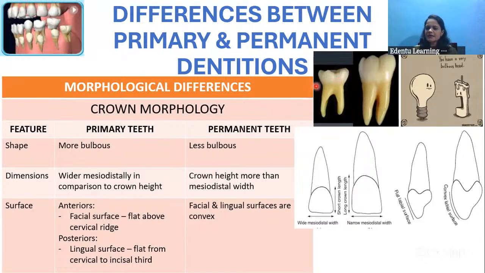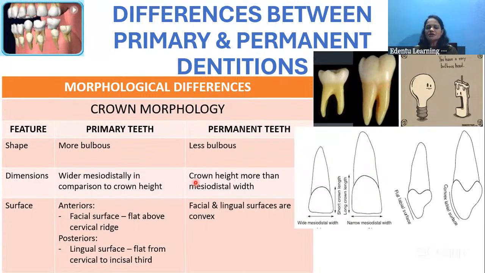Because of the cervical constriction here. The cervical constriction is very marked in the primary dentition, so their crowns appear bulbous and very prominent. Whereas in permanent teeth, the cervical constriction is not that marked, so the crowns don't appear that bulbous.